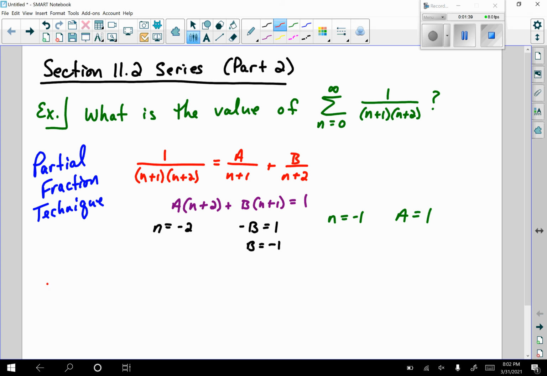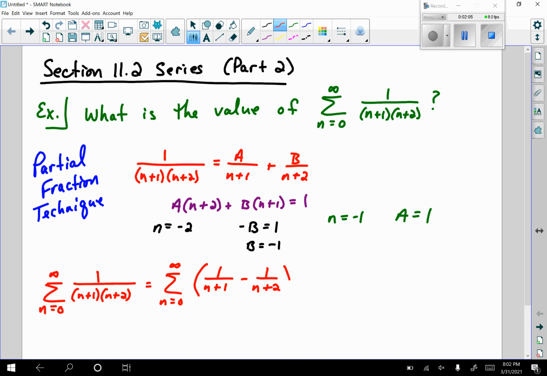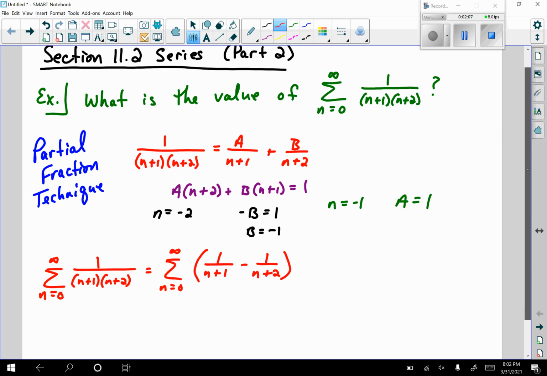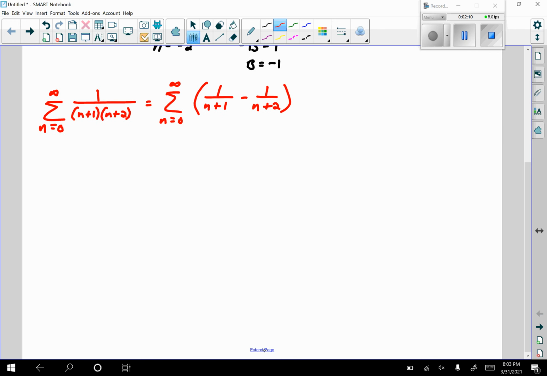So now we can say that the summation, as n goes from 0 to infinity, of 1 over this, becomes a summation as n goes from 0 to infinity of a, so we'll have 1 over n plus 1, and then we'll get a minus 1, so we'll just say minus 1 over n plus 2. So what we're going to do is just start to write out some of the values here.